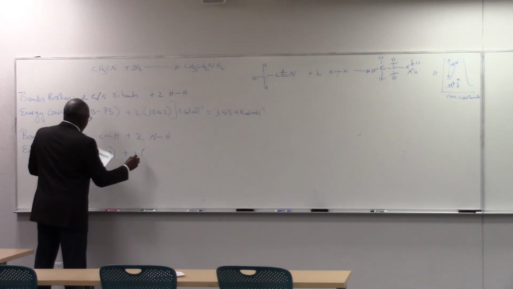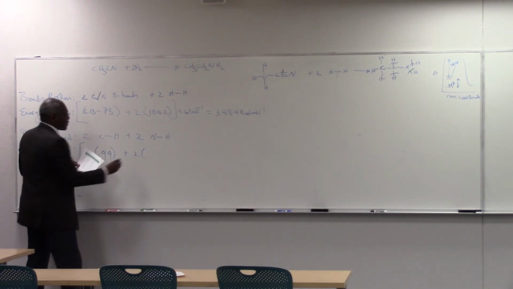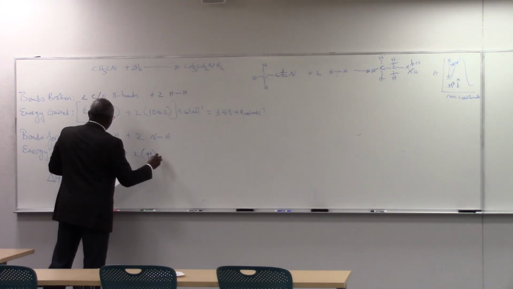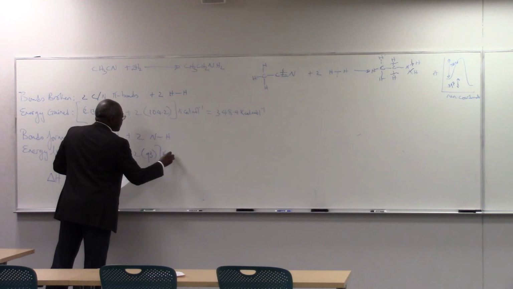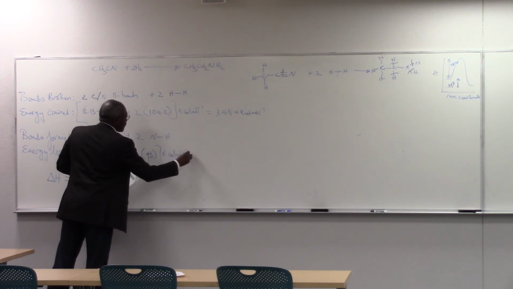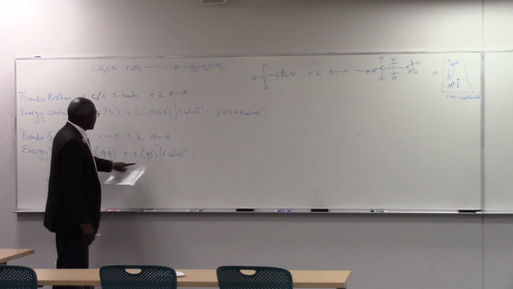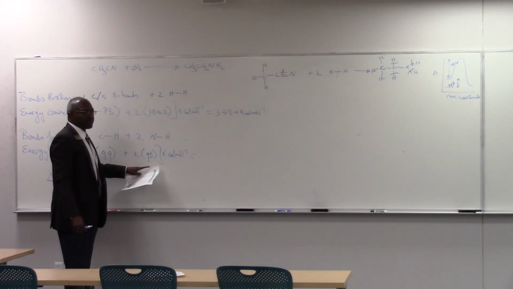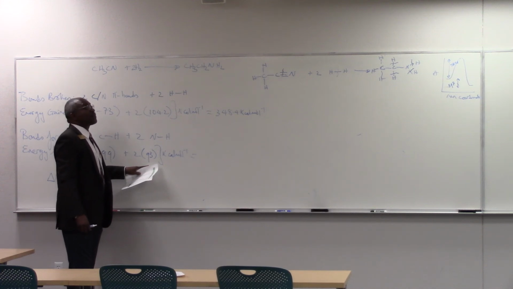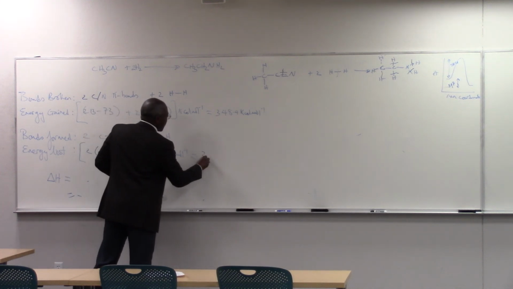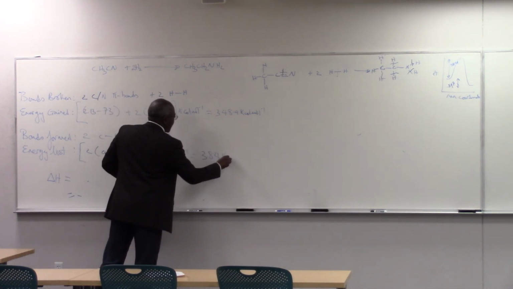The NH bonds are 93, kcals per mole. So that's 198, this is 6, that's 204, 294, 384. That's 384 kcals per mole.